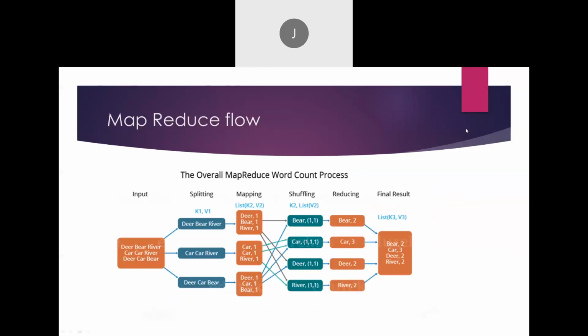You will be given a data set, and from the data set you will have a problem statement asking you to write a map reduce program to find, say, the maximum temperature per year.